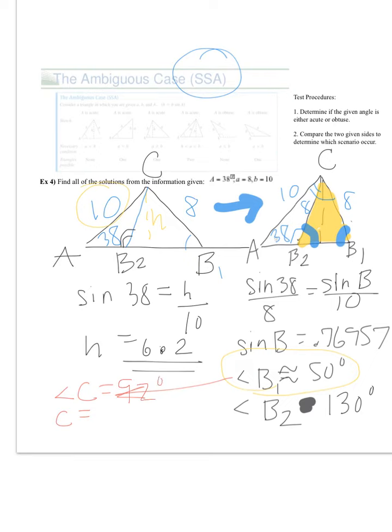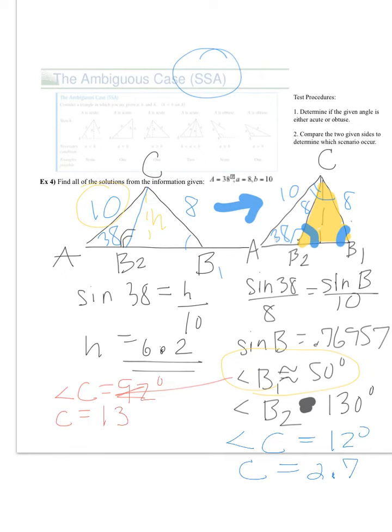And then side C ends up being 13. Now again, you could use law of sines, law of cosines to get that. When I go to angle B2, if that is 130 degrees, then angle C ends up being 12 degrees, and its opposite side C ends up being 2.7.